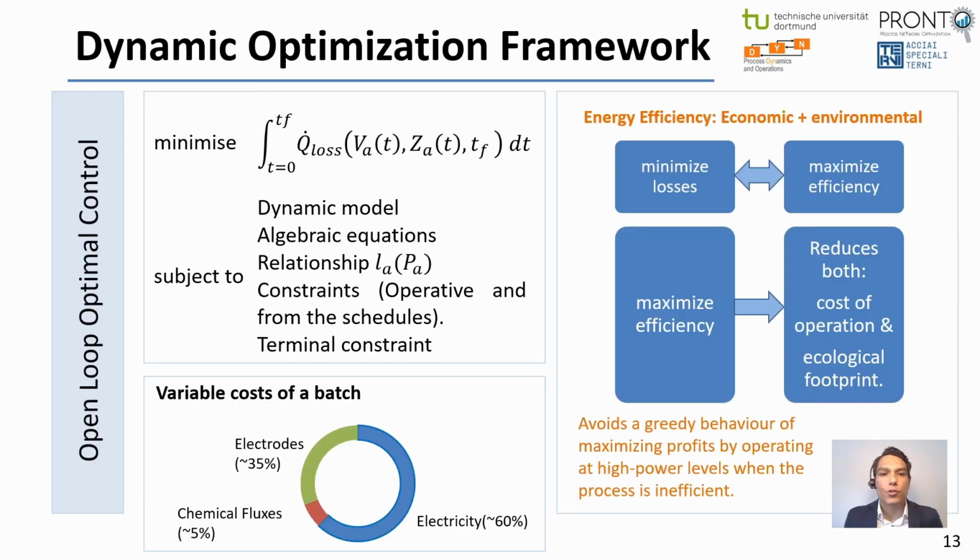In this slide, I introduced the dynamic optimization framework that we presented in the paper, and this aims at minimizing the losses of the batch in terms of the voltage and the impedance set points of the electric arcs, considering the dynamic model of the furnace, the algebraic equations that come from the heat exchange phenomena, the relationship that exists between the power of the arc and the length of the arc itself, the constraints that are communicated from the schedules, as well as the required terminal constraints, such as the final temperature of the melt or the chemical composition of the metal.